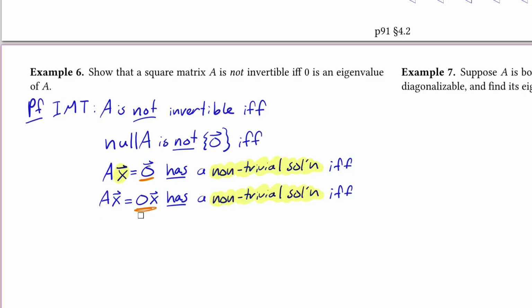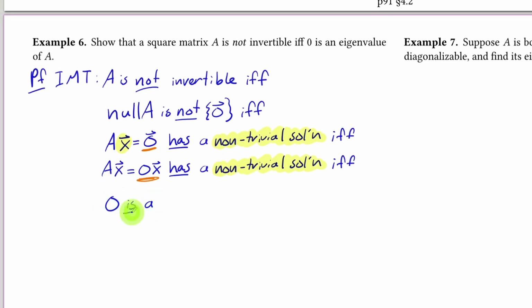So this is just the definition of 0 being an eigenvalue, because there is a non-zero vector x such that A times x equals the eigenvalue 0 times x. Okay, so that is the proof of that.